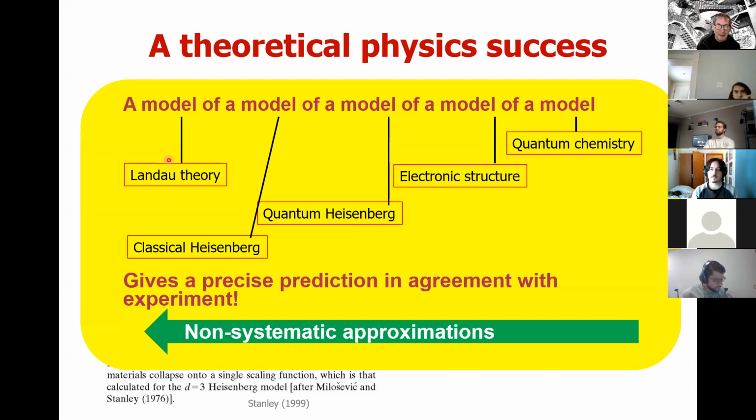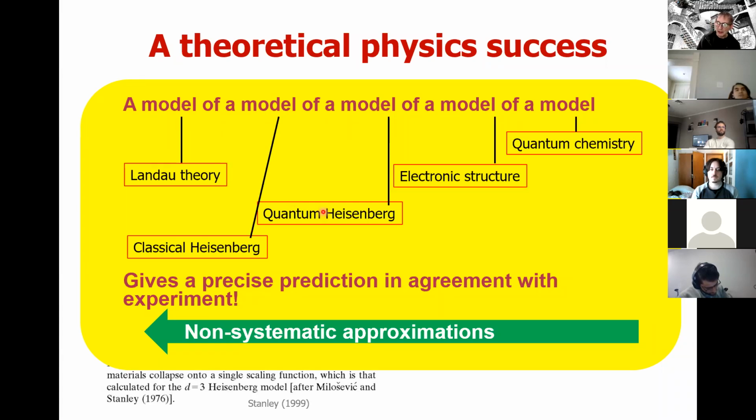And the remarkable thing is this: each step of the way, going from this level of description to this level, you are making non-systematic approximations. For example, going from quantum to classical, or electronic structure to a spin model, and so on.